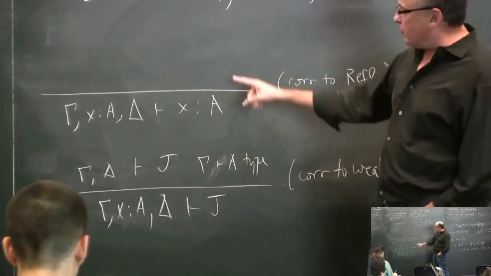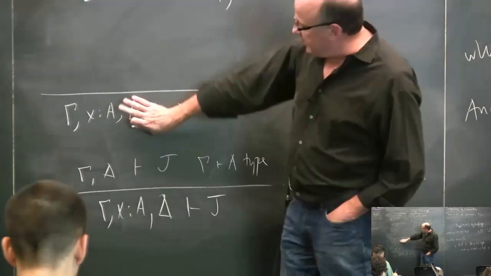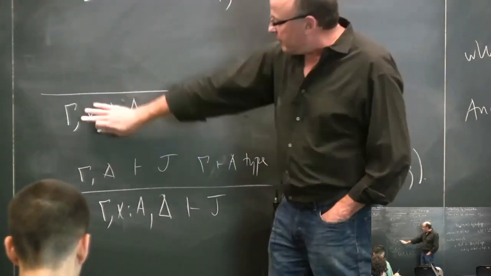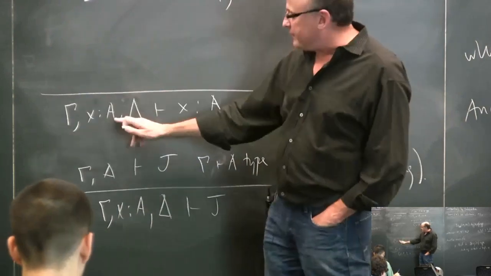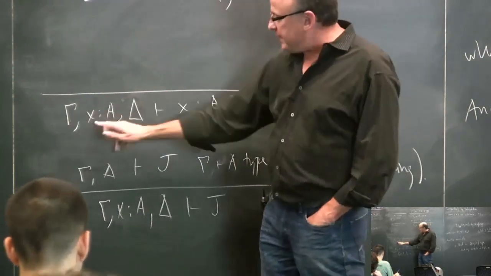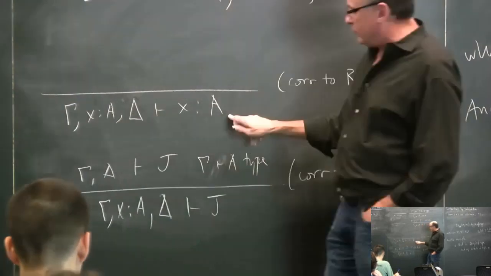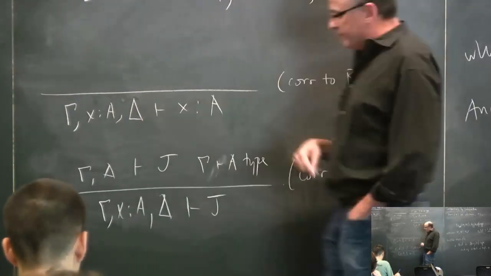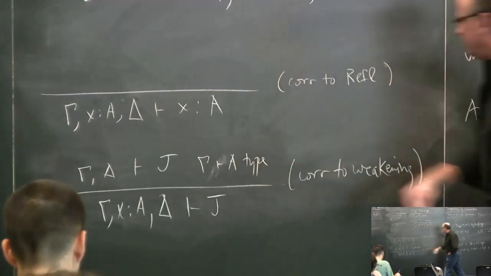So implicitly here I used weakening because really what I'm getting is x is of type A relative to Γ, and then I have to weaken A beyond itself and beyond Δ in order to put it over here, because now it's sitting in the context of x and all the things in Δ. So you need a principle of weakening.